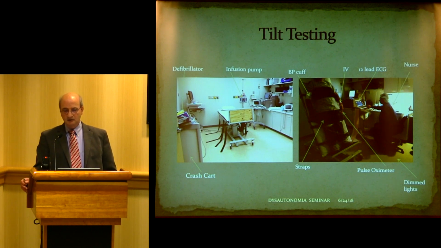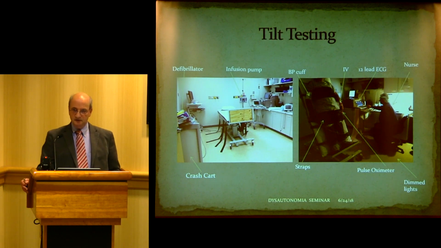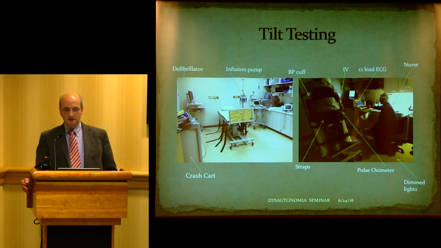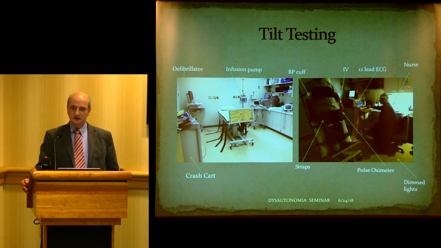And clearly, if the autonomic nervous system is defective and doesn't get that back up to the heart, a lot of things happen as further reflexes take over.